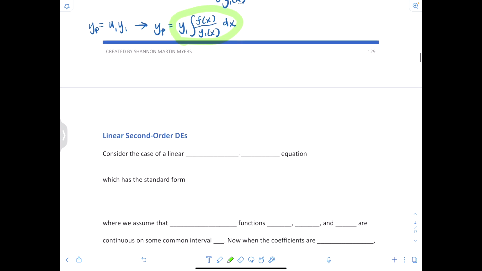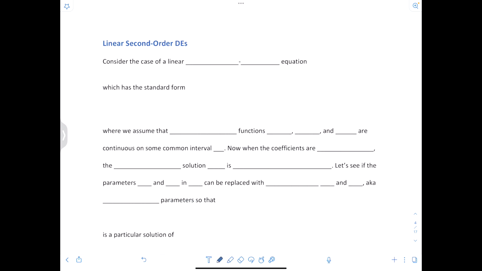So, linear second order differential equations.